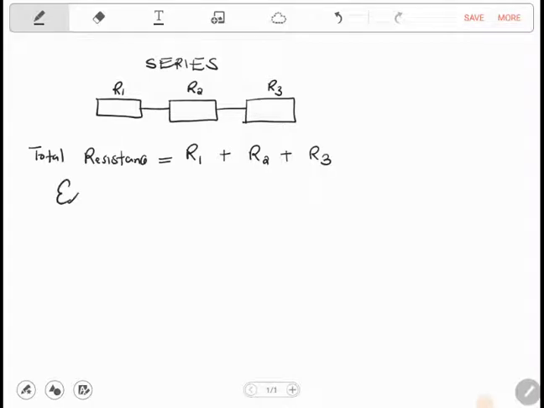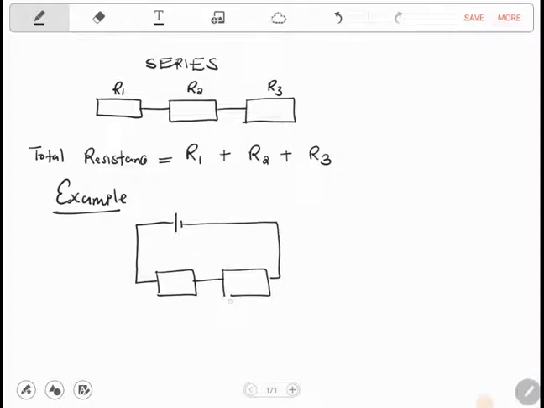For example, let's say this is a circuit that you have been given, and let's say this is a closed circuit, and you have been given something like this, and here they have given you 2 ohms, and then they have given you 3 ohms, and they tell you to find the total resistance.